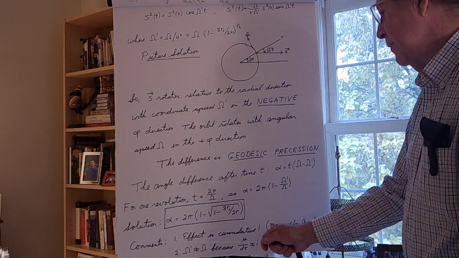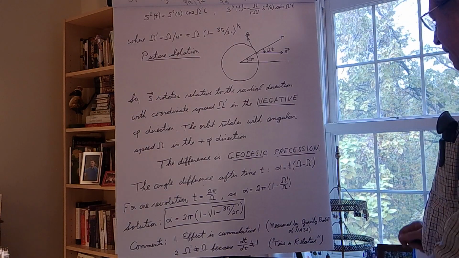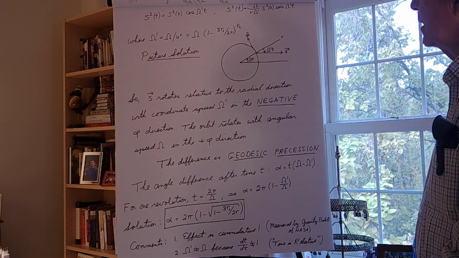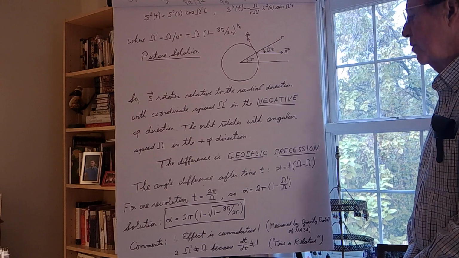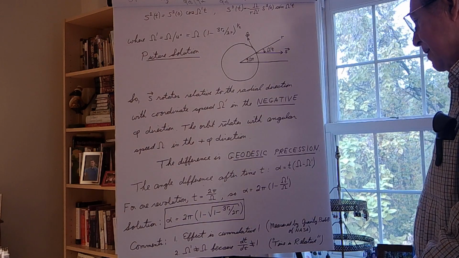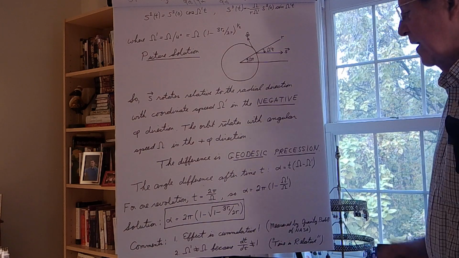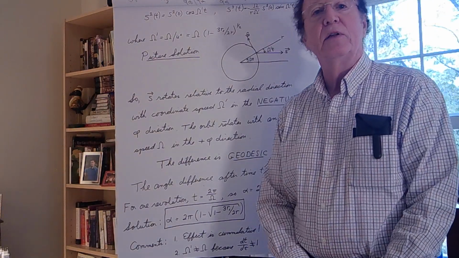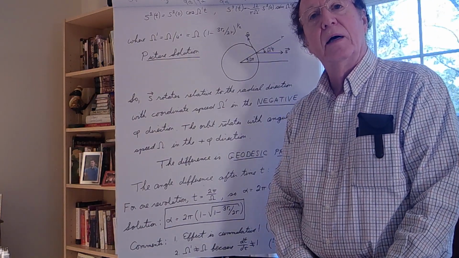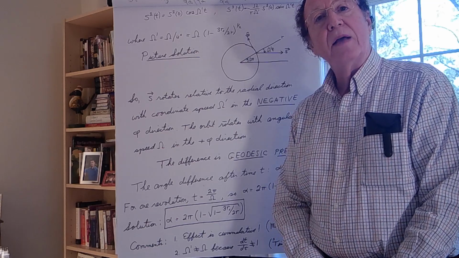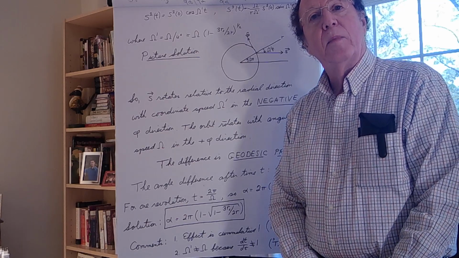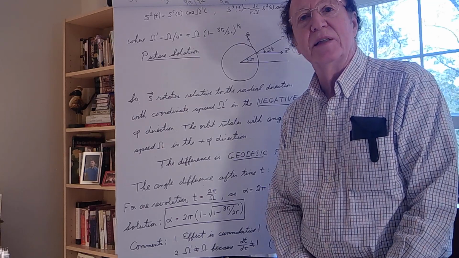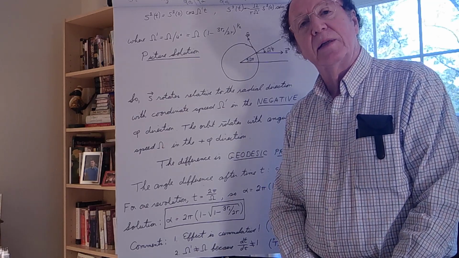A comment about the experiment. This experiment was run by NASA, called Gravity Probe B. It measured omega prime to an accuracy of a few percent. It was able to do that because the effect is cumulative. When we discussed the precession of the perihelion of Mercury, you can measure that because Mercury has been doing its thing for centuries, and the effect is cumulative.